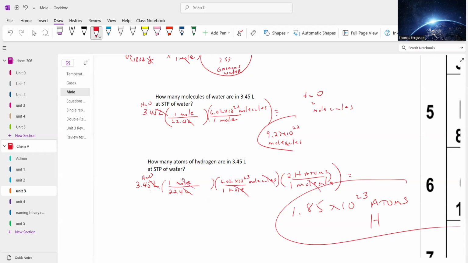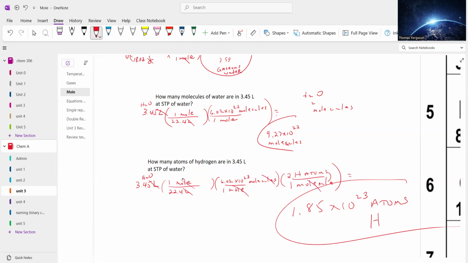And how do you get 2 H atoms? Which one is molecule versus atom? Okay. It's because this is for the gas, and the gas in this case is water, H2O. That's why we convert the molecular thing.